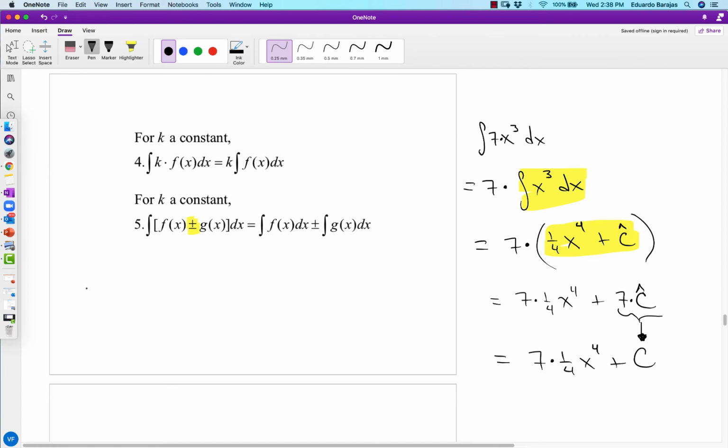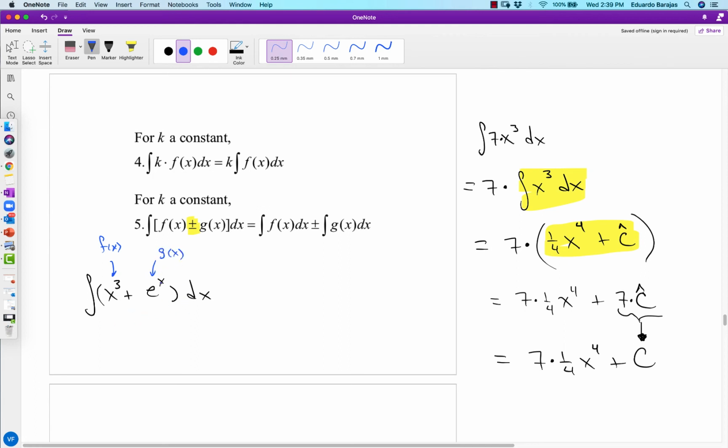So for example, if we were asked to find the integral of x cubed plus e to the x dx, right? So here we have the function f of x is this one. And here we have that the function g of x is this one.